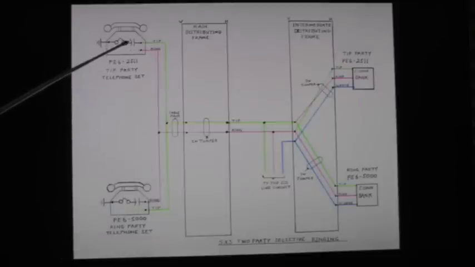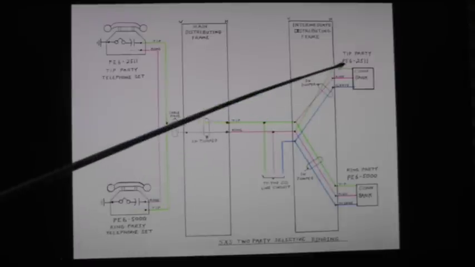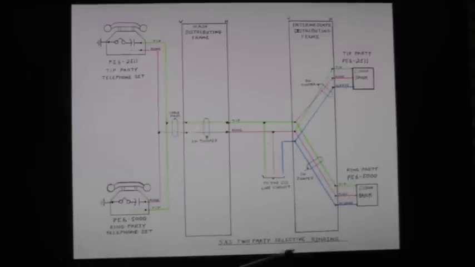So this Pennsylvania 62511 will ring, but Pennsylvania 65000 will not. And that's how we are able to provide selective ringing to two-party lines in the central office using standard one-ring connectors.